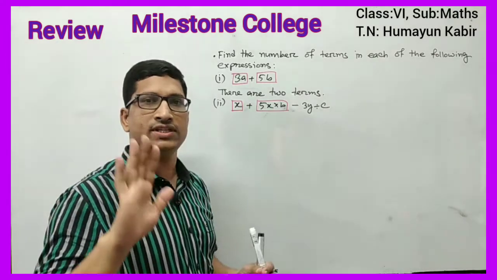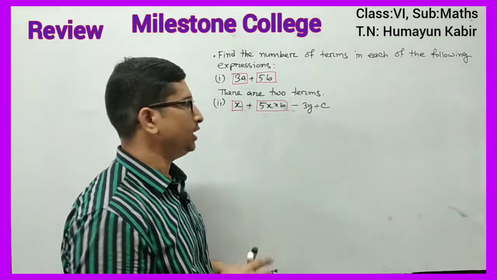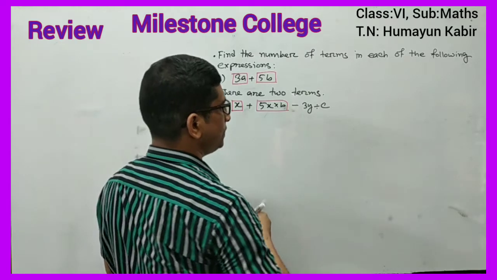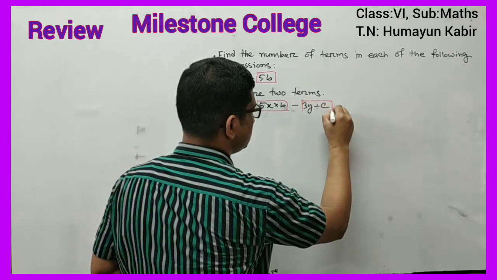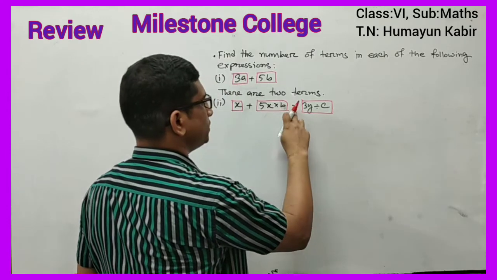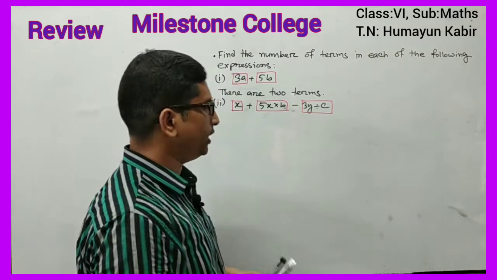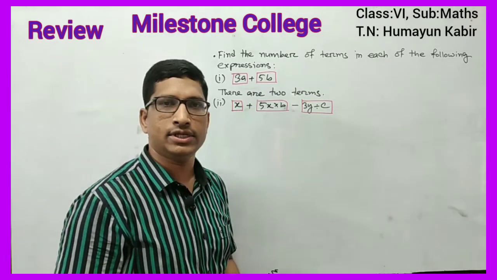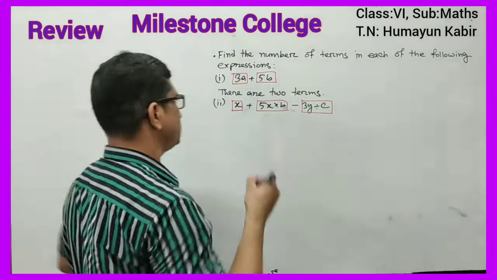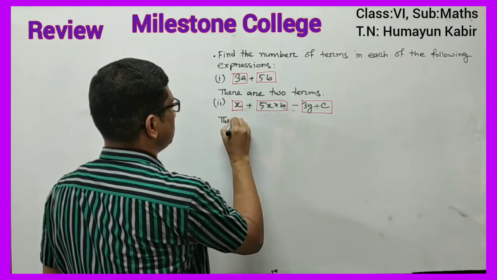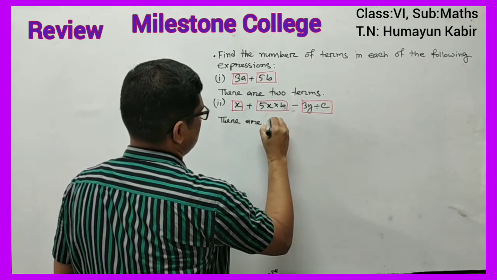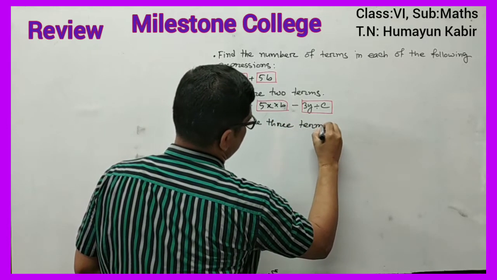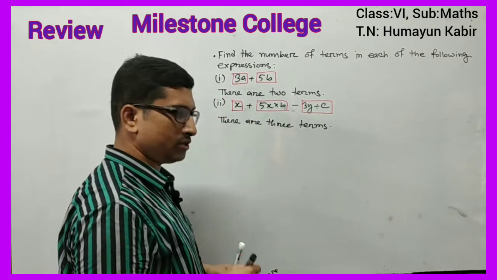Here we won't consider this multiplication side, and this one and this one are linked with plus sign, and look at this quantity and this quantity linked with minus sign. So here how many terms? 1, 2, 3. There are 3 terms.